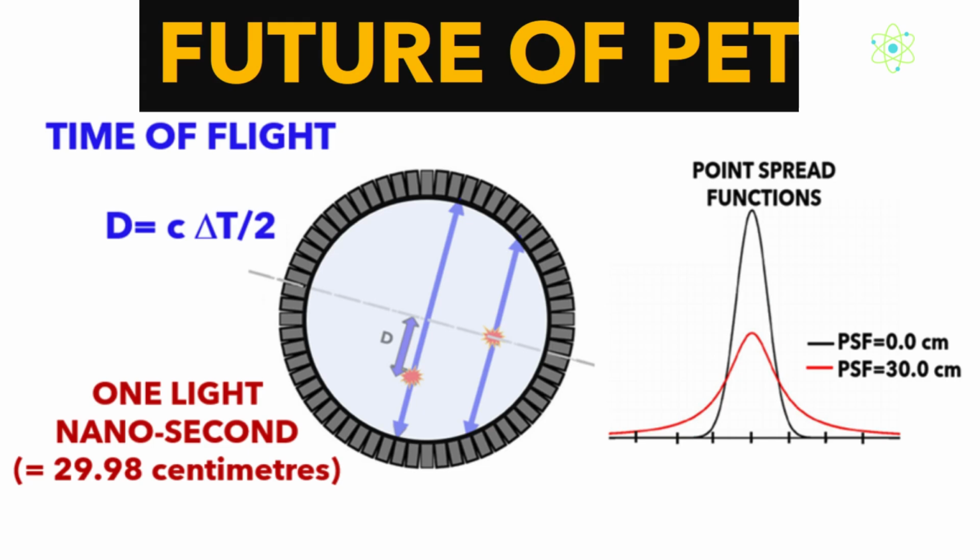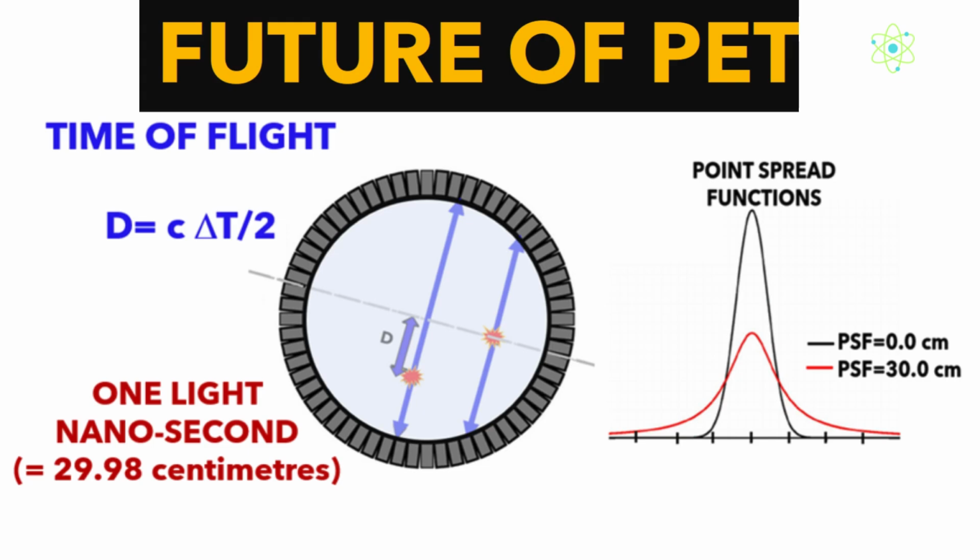On the right side of the diagram, we see the point spread function, or PSF. These functions describe how accurately we can locate the annihilation event. The solid black line represents an ideal situation with perfect resolution, while the red line shows a less precise signal as the distance increases.